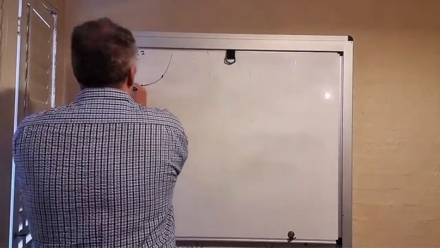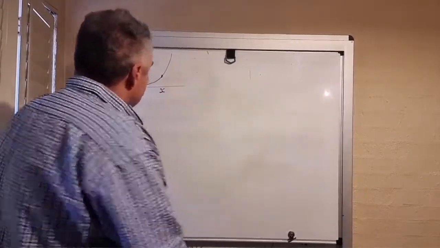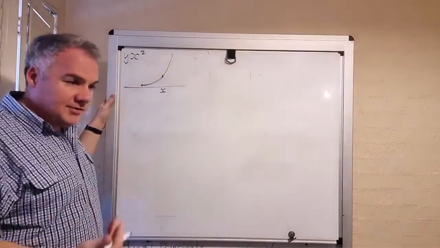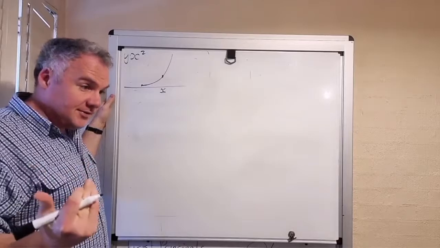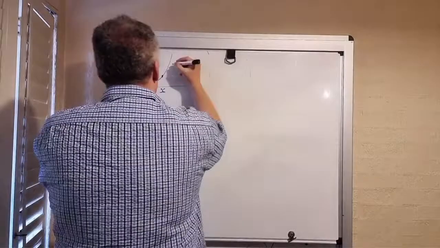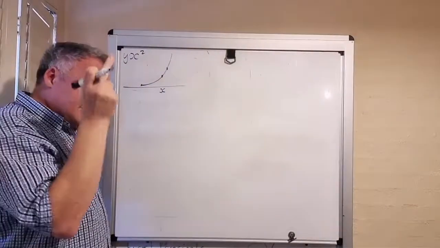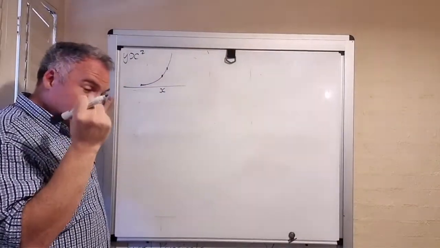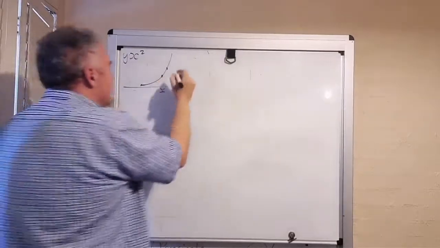So this is what we can do. We can call this point x. And this is solving the gradient from first principles. So we're calling this point x. We're calling a next point that's really, really close to it, but not touching it, x plus h.